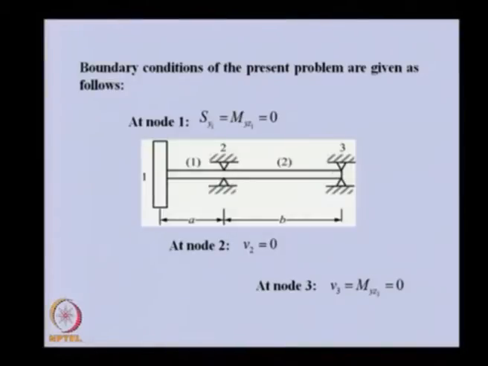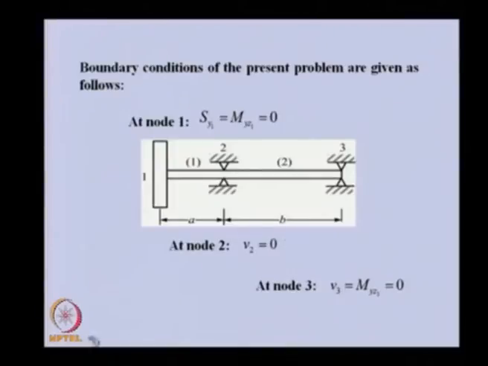It is very important to observe the difference between these two support conditions, because on the right hand side there is no further extension of the shaft, so the bending moment is 0. But here, because this shaft is continuous, there will not be 0 bending moment at this location.